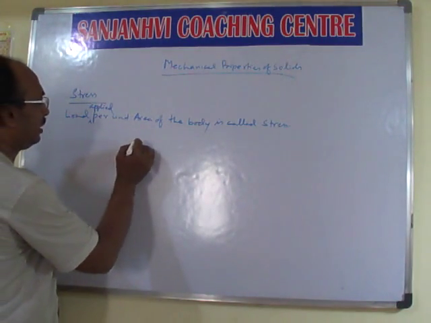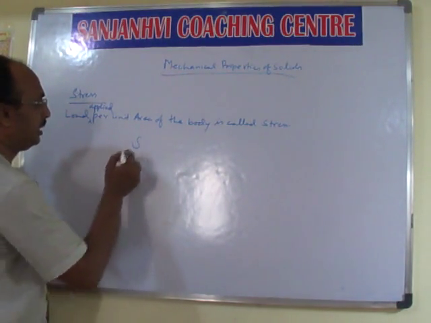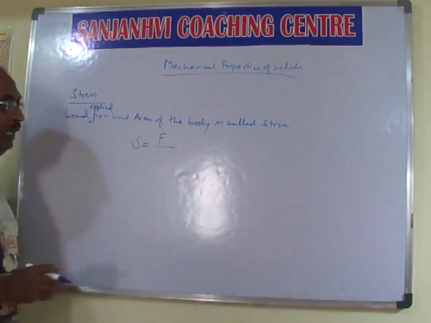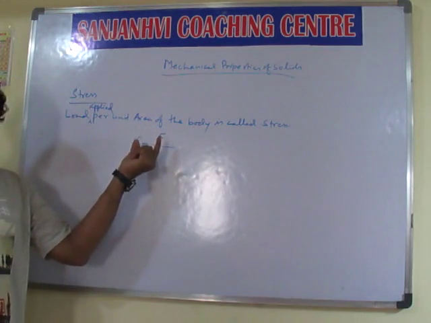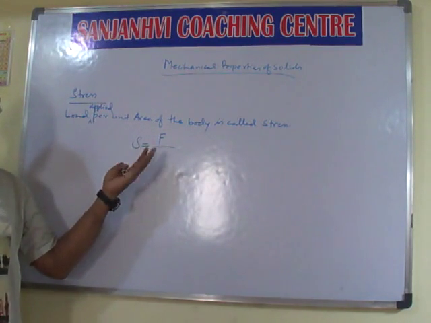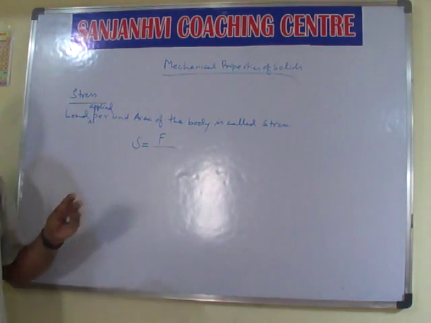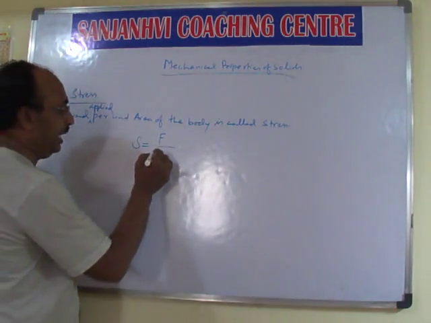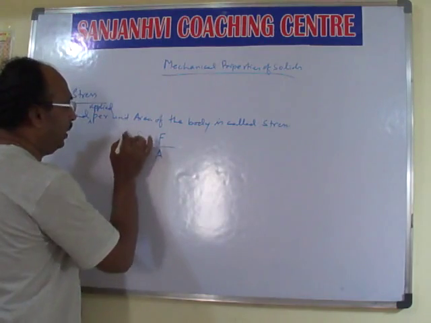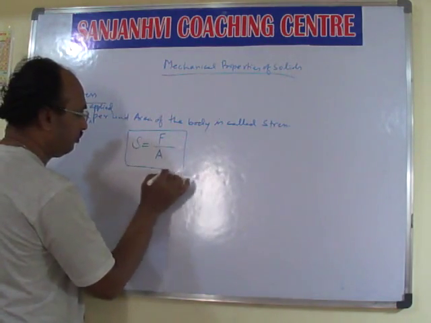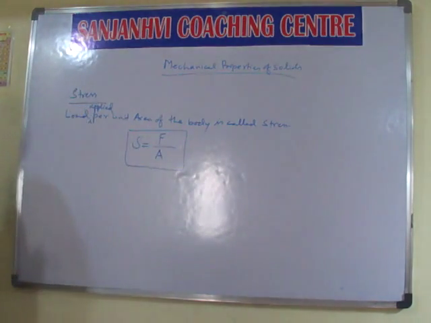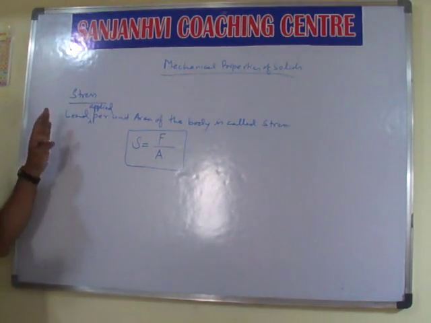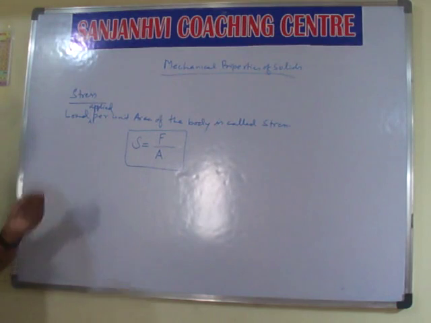Now suppose stress is denoted by S. Load is force; weight is also a force. That load has some weight, so that's why we write force per unit area. Now understand what actually stress is.